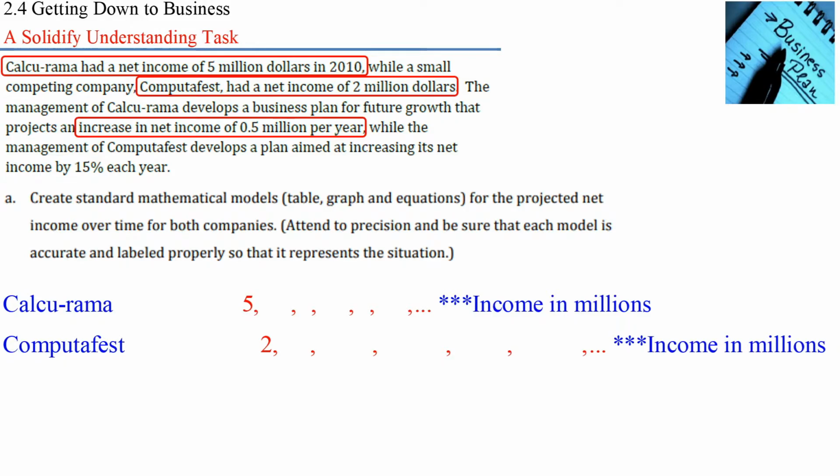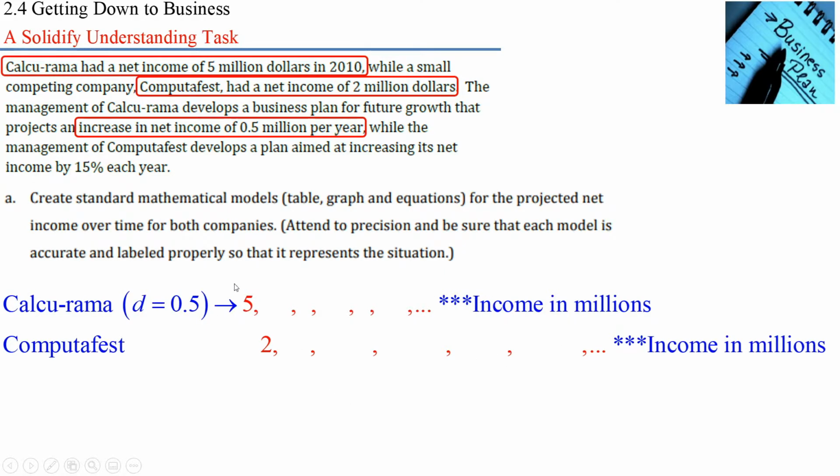All right, so let's think about our pattern of change in this sequence. If I am increasing by 0.5 million per year, that means the pattern of change here will be a common difference. D equals, and what does D equal? 0.5. Income in millions.